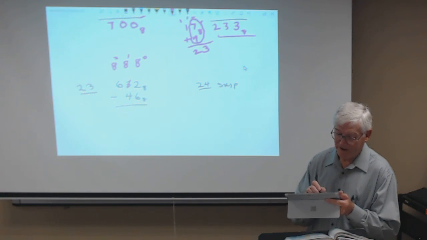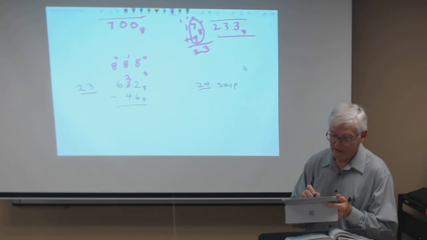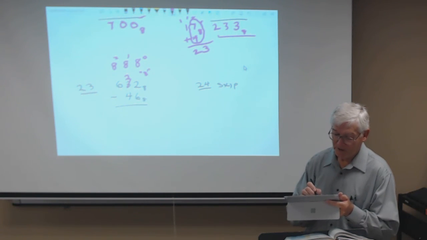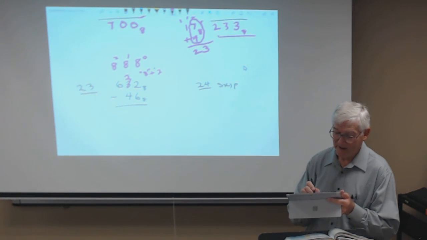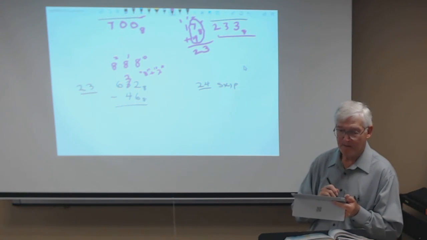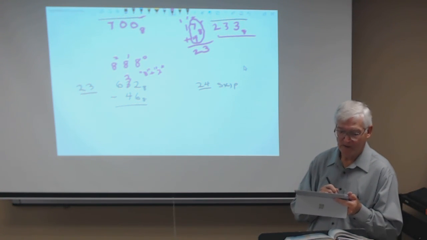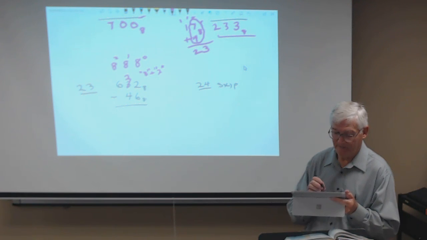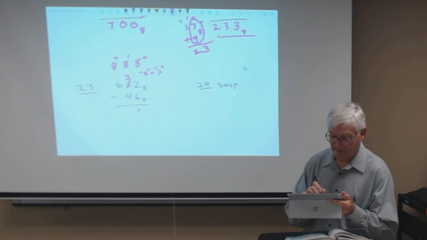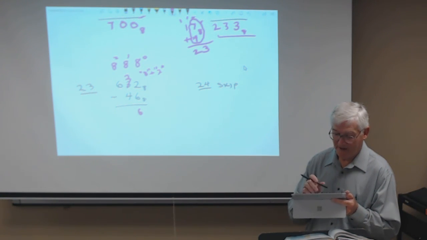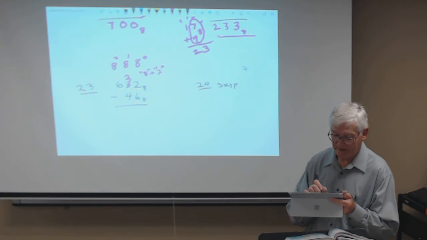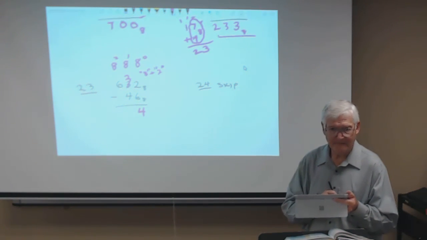So I change this to 2 8s, so now I have 8 over here, plus 2 more. What would that give me? 8 and 2 would give me how much? 10. What's 10 minus 6? 4. You got it?